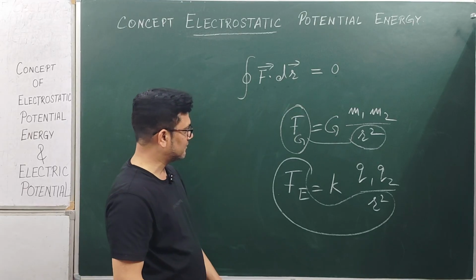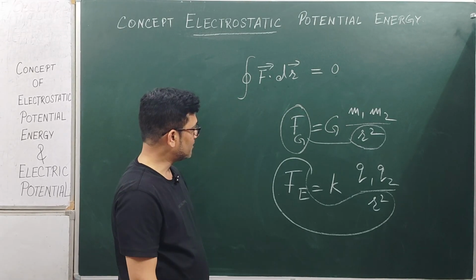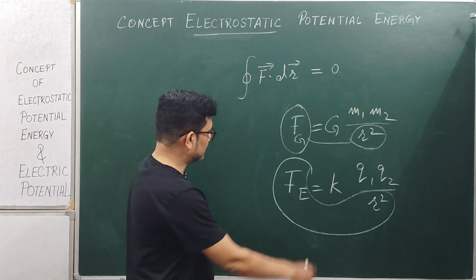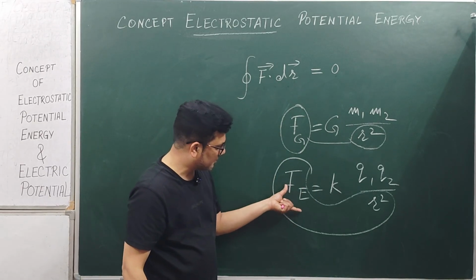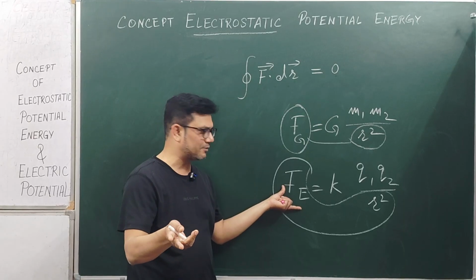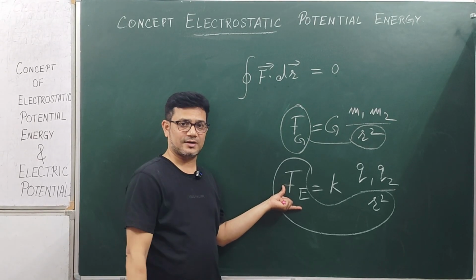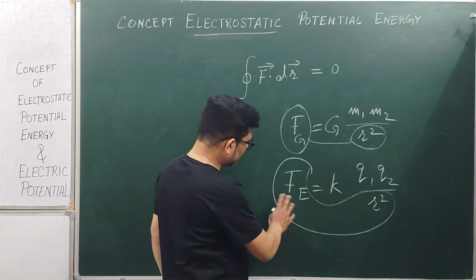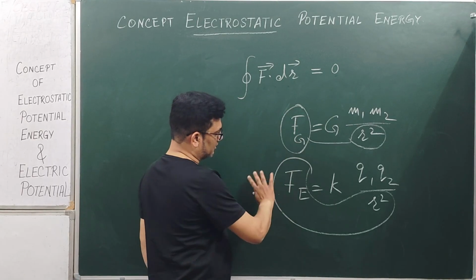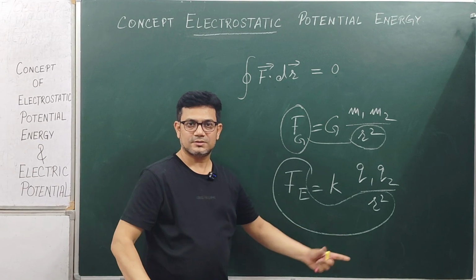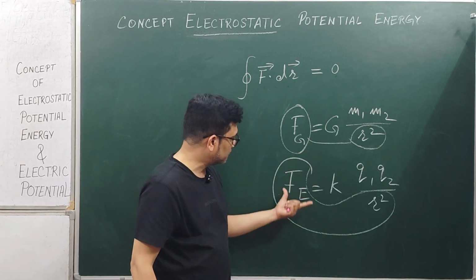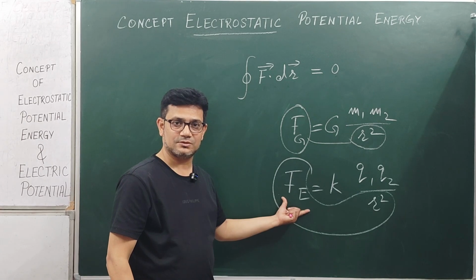The one point which is not similar is that gravitational force is always attractive, whereas electrostatic force could be either repulsive or attractive, both ways. However, if you draw the analogy, both follow the inverse square law. So both of these forces are conservative forces.